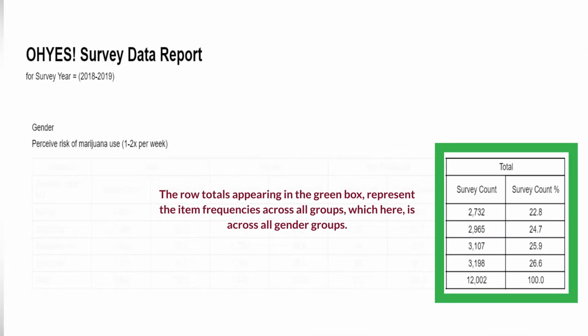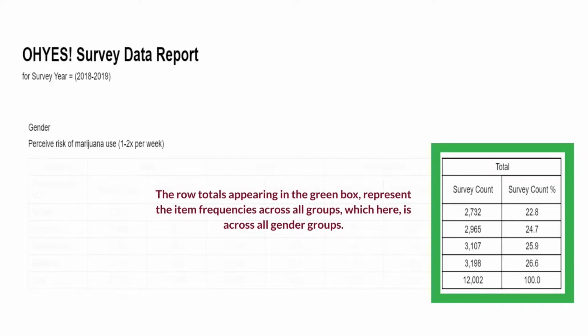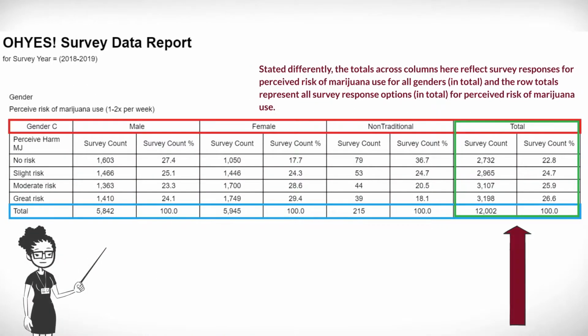The row totals appearing in the green box represent the item frequencies across all groups, which here is across all gender groups. Stated differently, the totals across columns here reflect survey responses for perceived risk of marijuana use for all genders in total, and the row totals represent all survey response options in total for perceived risk of marijuana use.